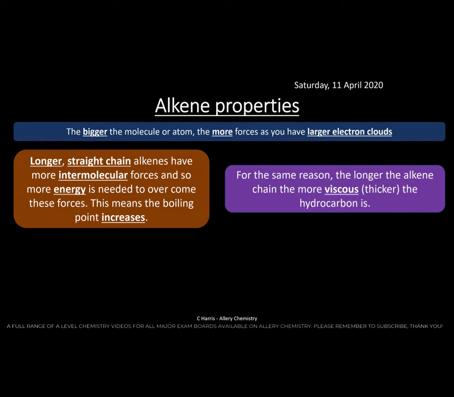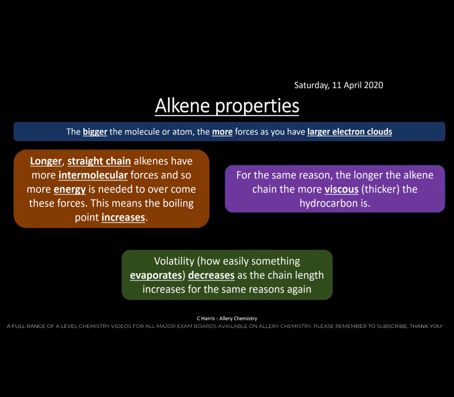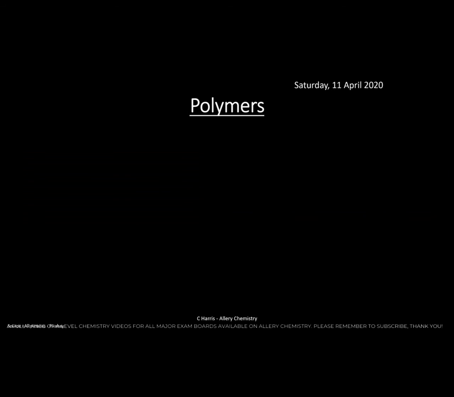The same reason again for alkenes, but the longer the alkene chain, the more viscous or thicker that hydrocarbon is. And volatility as well, which is how easily something evaporates, decreases down the chain as well, for the same reasons as it is for alkanes.